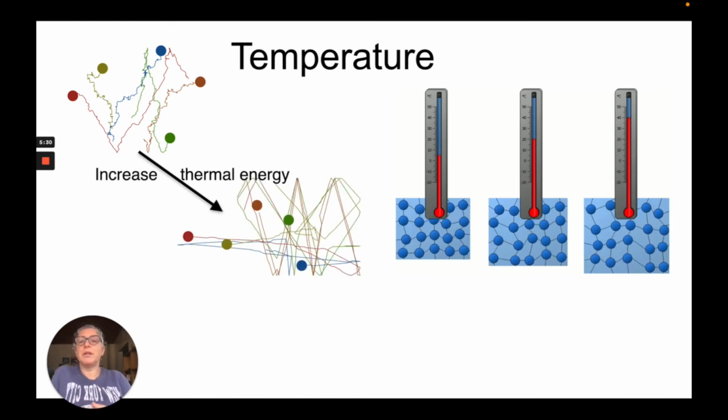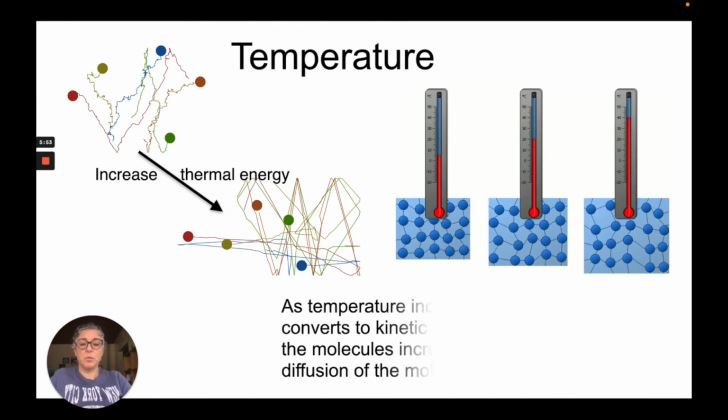For the molecules which are there in color, we can see their type of movement happening. If we increase the thermal energy, we will see much faster random motion, called Brownian motion, with those same molecules. So the higher the temperature, the faster the rate of diffusion will be.